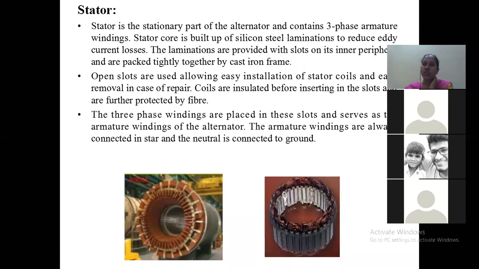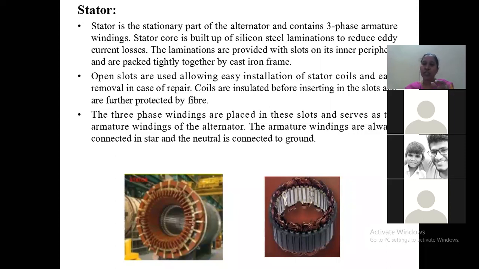In the slots, we are going to wind our windings. We are going to place our windings. Open slots are used, allowing easy installation of the stator coils and easy removal in case of repair. Before inserting these coils into the slots, we need to insulate them.